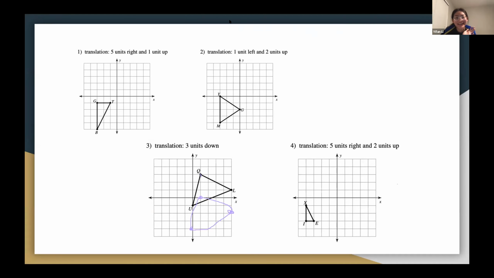It's still a triangle. Okay, for number 4, we still pick a point, for example, the E, and then we have 5 units to the right and 2 units up. So 5, 2 up, right here is the X prime.